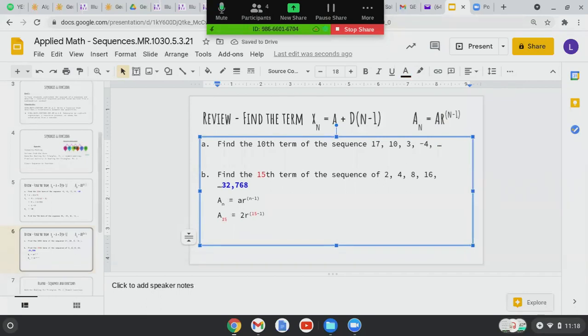And you said the rate of change is also 2. Okay. All right. So now, let's do the math.